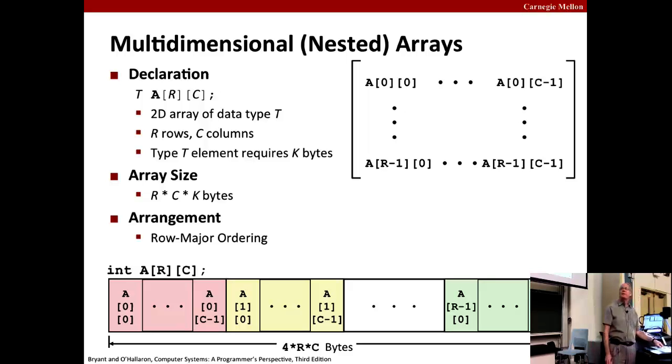So the size of A4 is 24 because it's 8 times 3. If I were to dereference A4, it would just indicate this particular pointer. Right? A4 is an array of pointers. So when I get an element out of that array, what I'll get is a pointer.